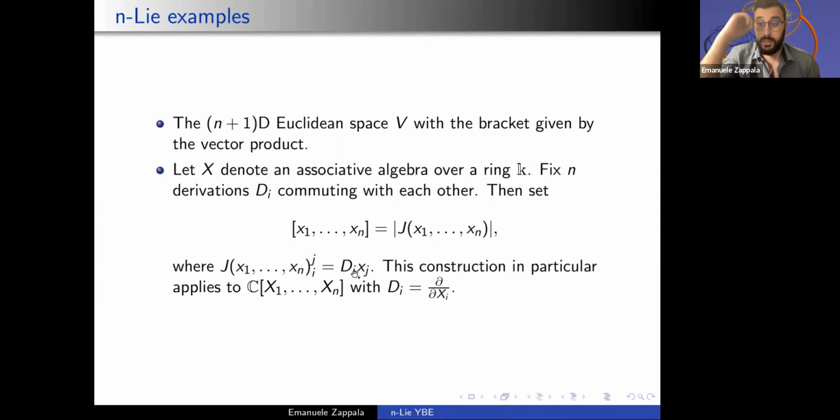So of course, by Schwartz theorem, if you take, for instance, polynomials over the complex numbers in n variables, and the derivations are simply the partial derivatives, this thing goes through, and that gives a very nice example of n-Lie algebra. In fact, this was one of the main examples in the paper that introduced n-Lie algebras. That was by Filippov and appeared in the Siberian Journal of Mathematics.